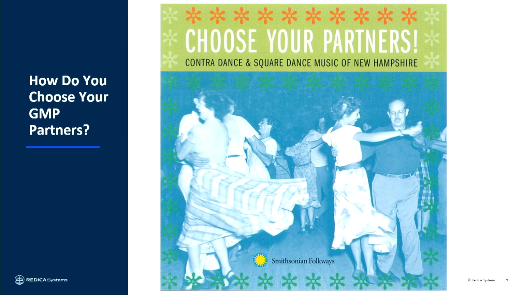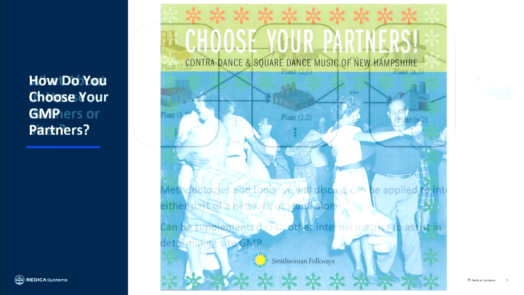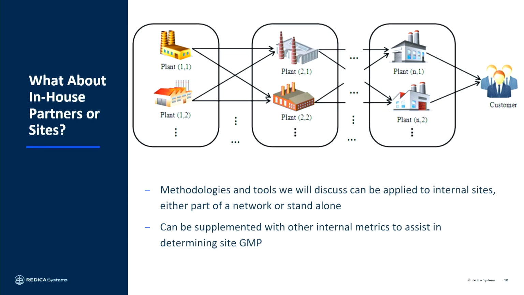So the question is, how do you choose your partners? What if you don't get to choose your partners, right? What if you're working in a company, all under the same company umbrella, you have the API manufacturing, you have form, fill, finish packaging, right?